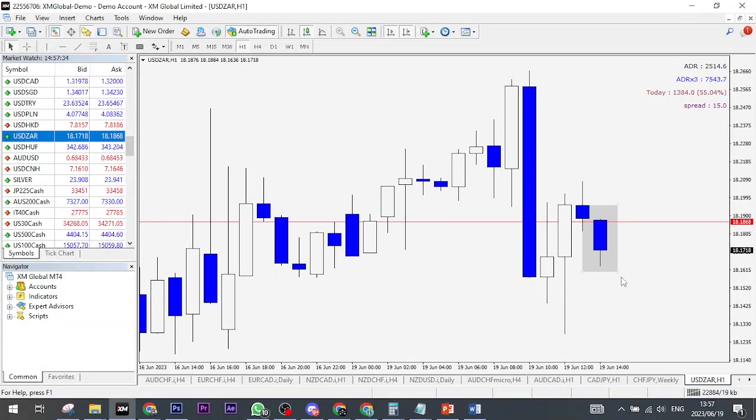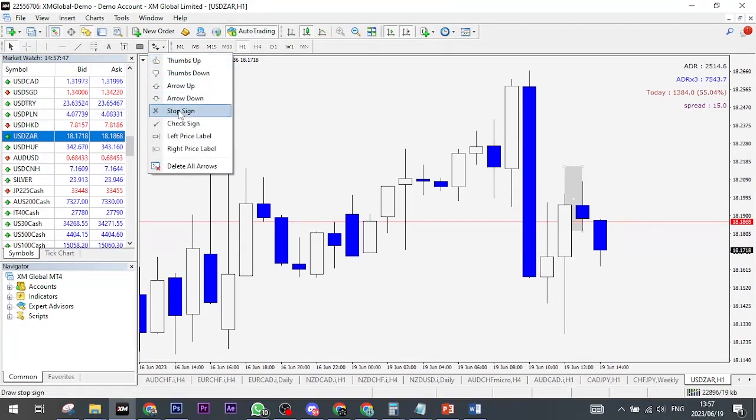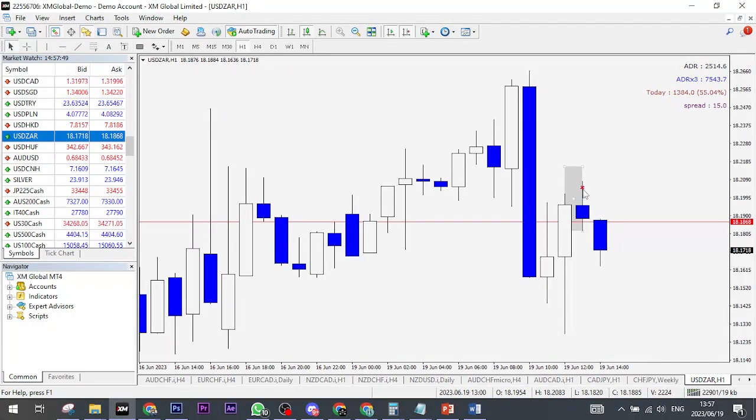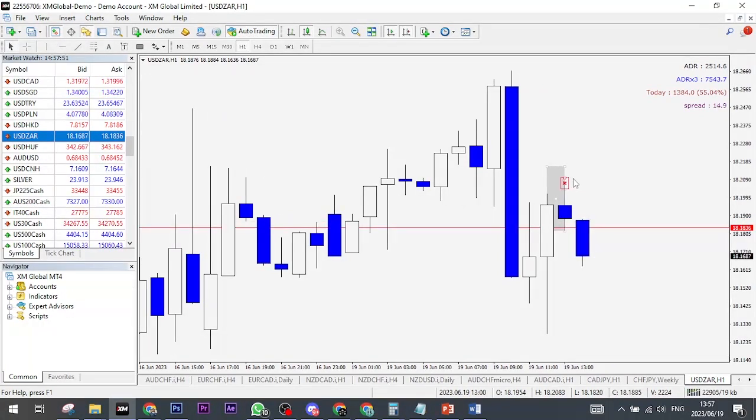Okay, now if we take a look at this candlestick here, we can see that our high is right over here, here's our high here, and then we have our low over here, and then we have our close price.